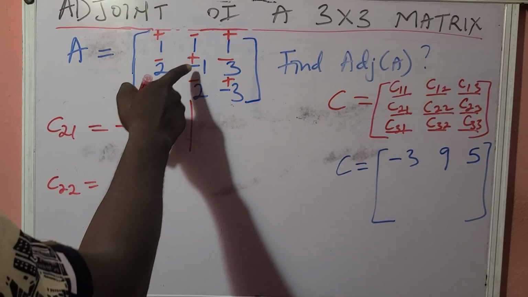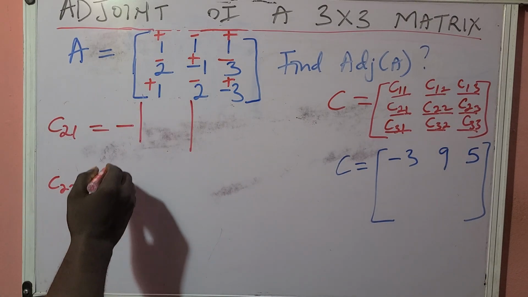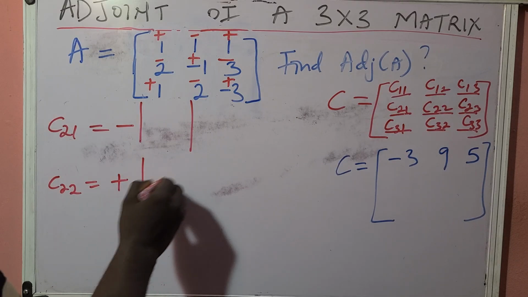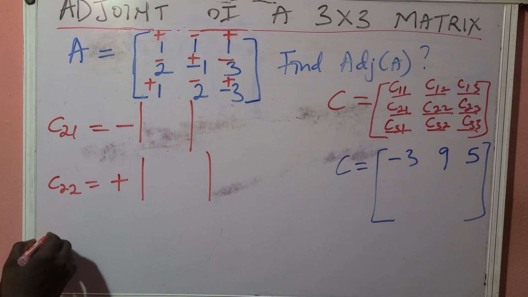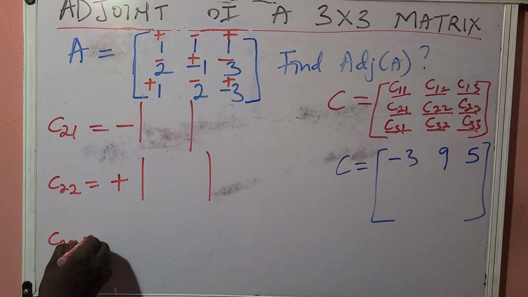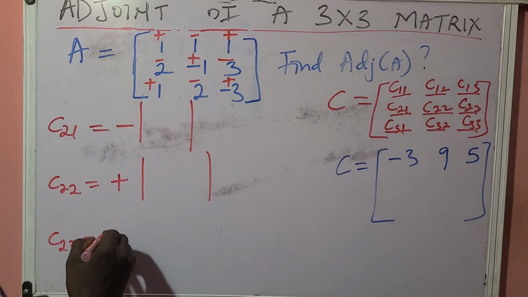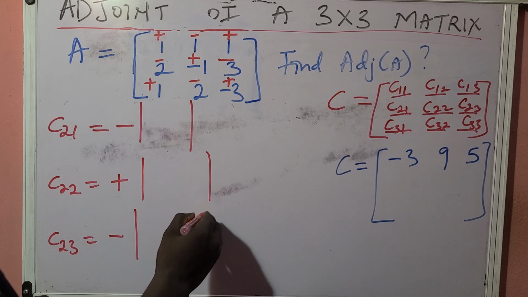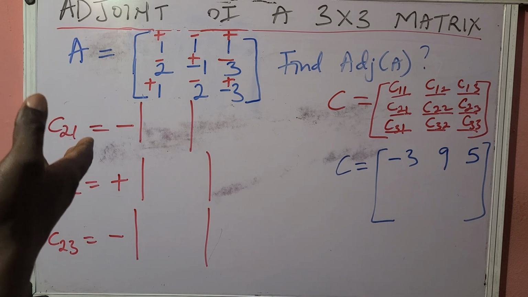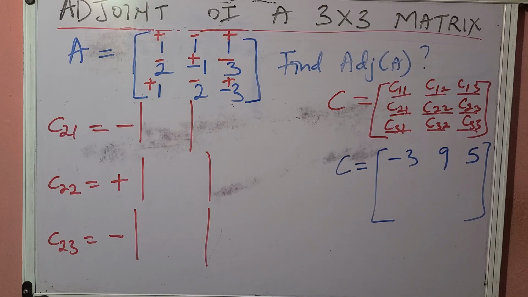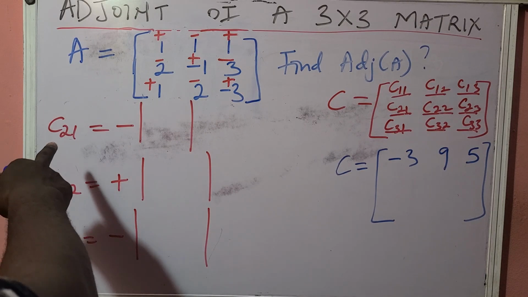That will be where here we have the positive sign, plus, then you open the braces. Then you can go on to write for C23. That will be the minus, and then you open up the braces. So to fill in these determinant braces, what you have to do is to go on to shut off as we normally do.